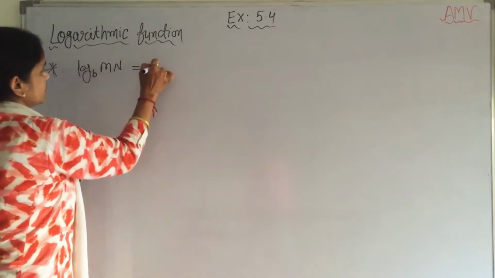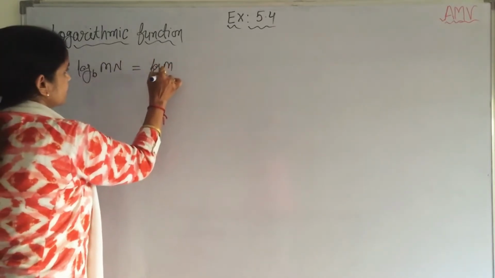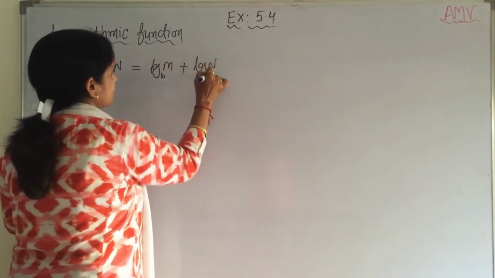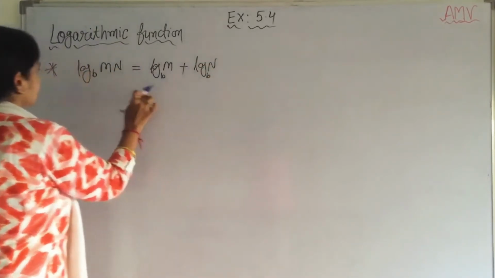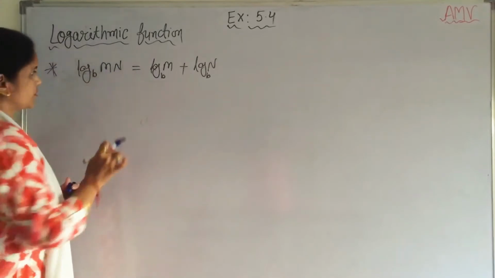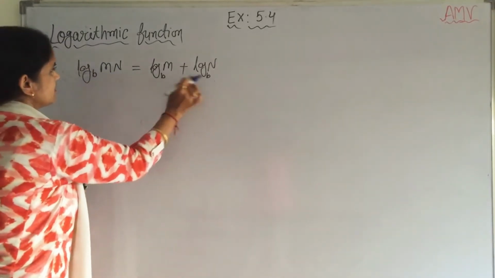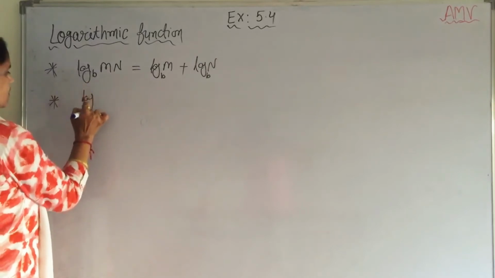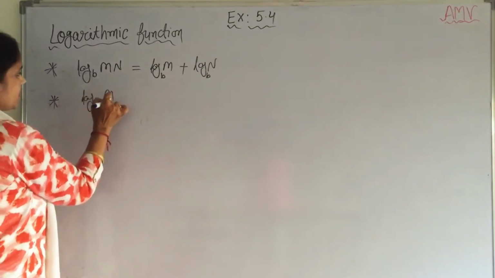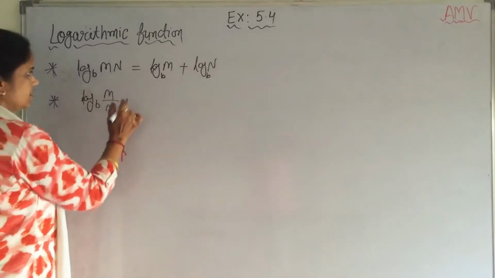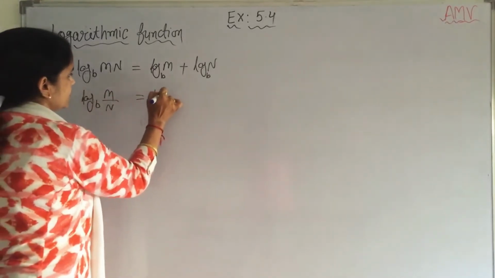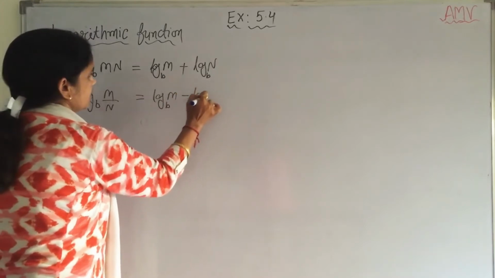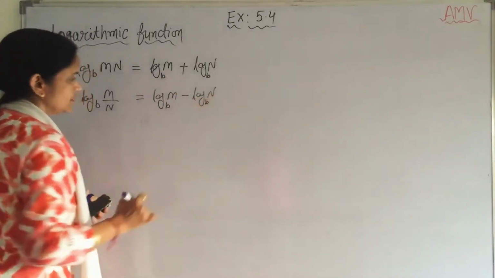It is log m plus log n. Here it is the product mn, and it becomes addition. Next, log base b of m by n. In division, it is log m base b minus log n base b.